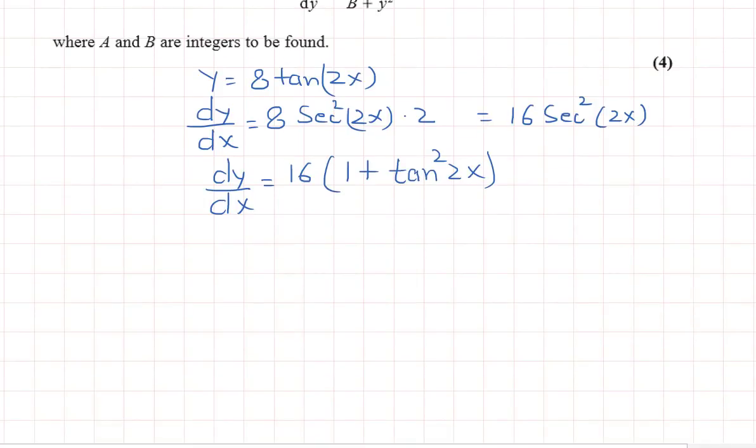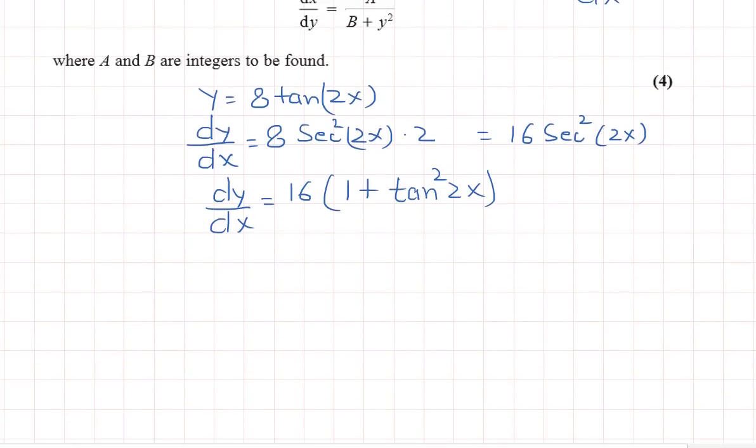We can see in this equation there is no x, but there is y. So how can we convert it into y? Let's say y over 8 is equal to tan 2x. If we square both sides, tan square 2x is y square over 64.